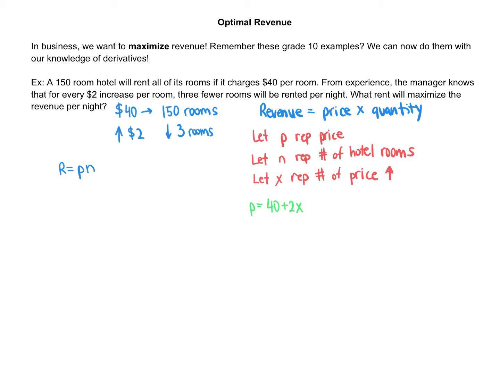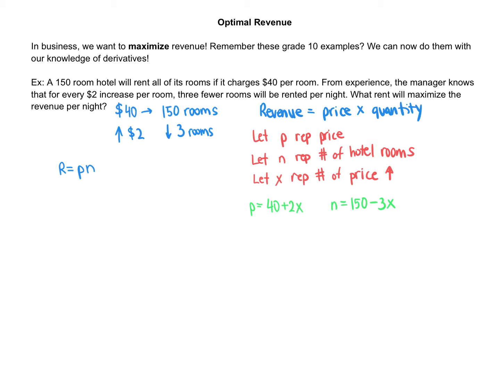So if I increase the price 10 times, I'm adding 20 on to the price. And the number of hotel rooms starts off at 150, but we lose 3 rooms for X number of increases. So if I increase the price 10 times, I'm losing 30 rentals.